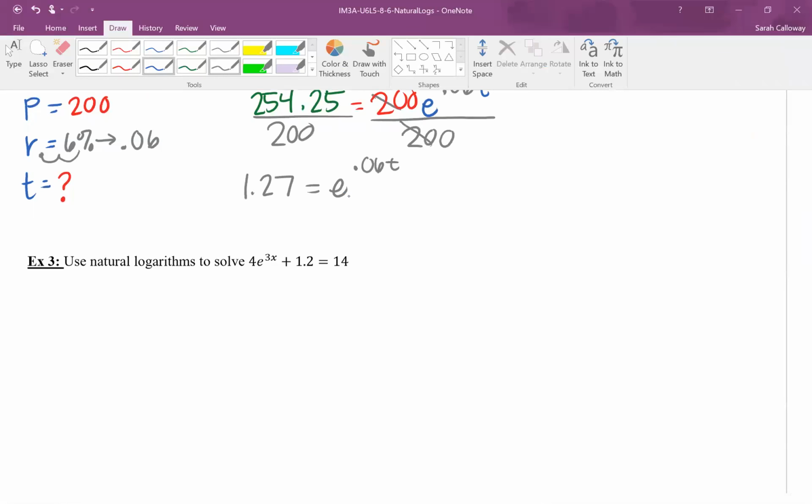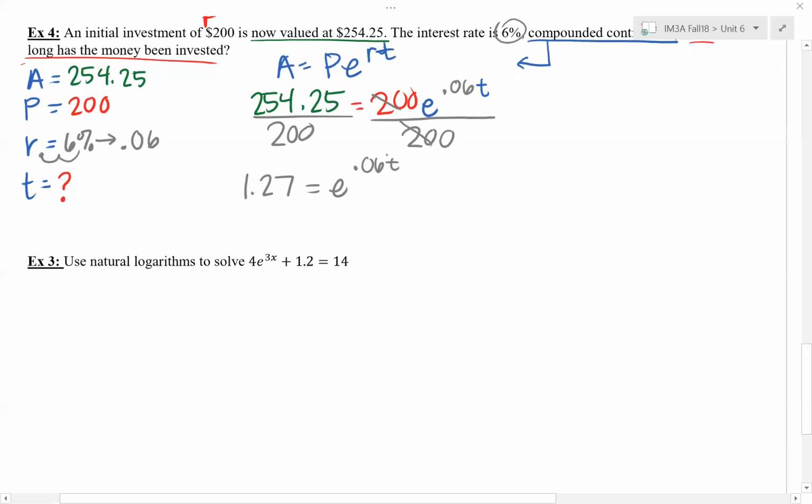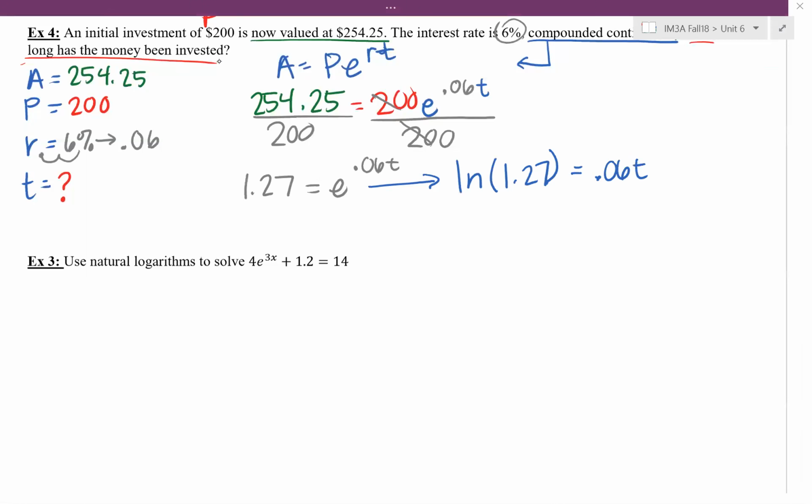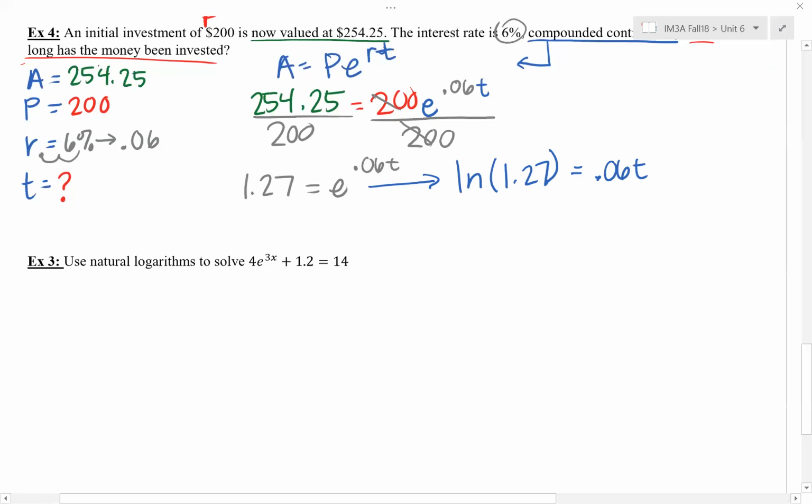Now that we have the e with the power by itself, we're going to switch it to ln form. So this is equivalent to ln of that 1.27 equals 0.06t. Remember that once we have ln of a number, we want to calculate that. So we're going to use our calculator for ln of 1.27.